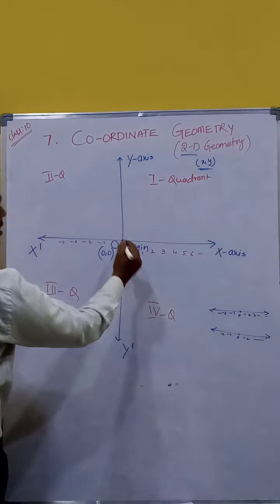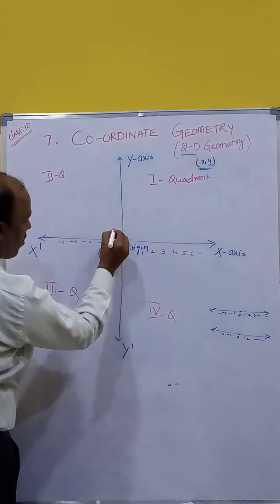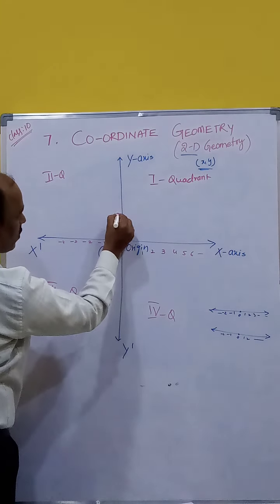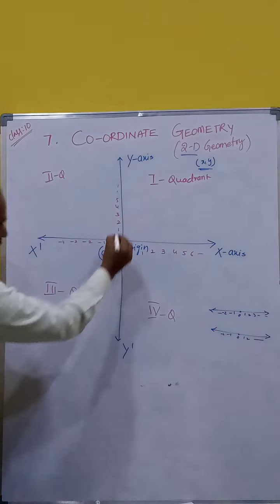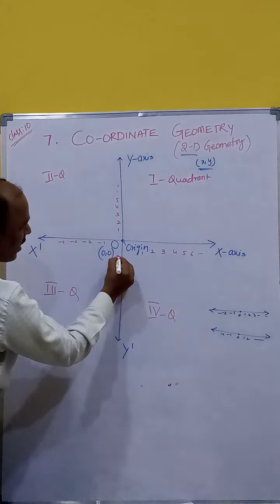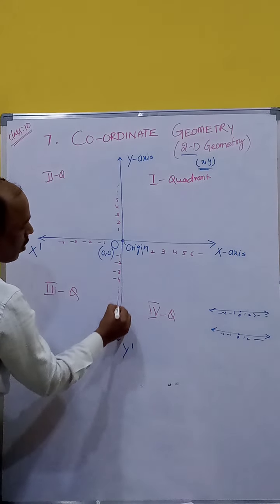In the same way, on the y-axis from the origin upward it is positive: 1, 2, 3, 4, 5, and so on. Down from the origin it is negative: minus 1, minus 2, minus 3, minus 4, and so on.